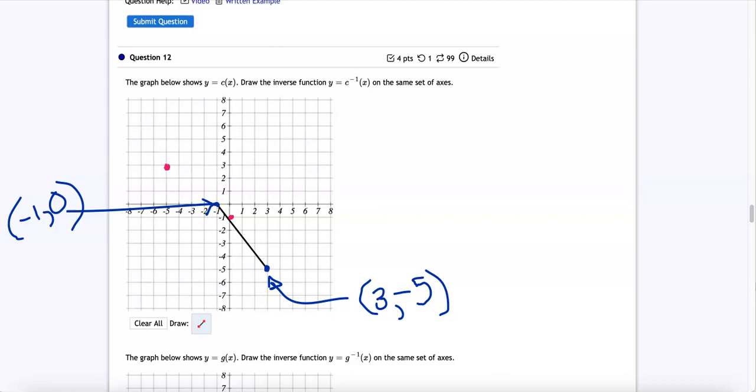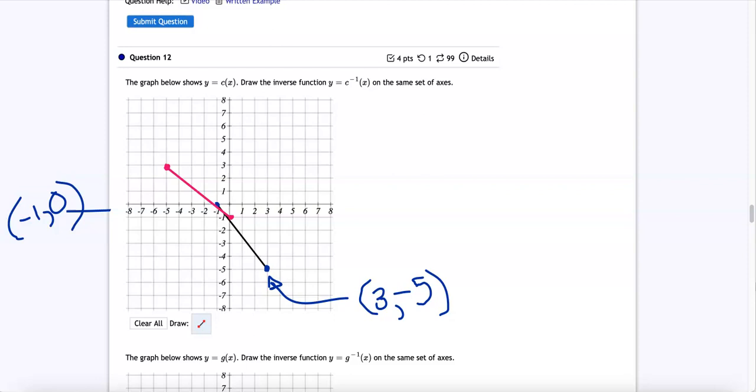And now for my inverse segment, here, let me erase this. For the inverse segment, I'm going to be connecting this dot here and this dot here, and then that is going to be my answer.